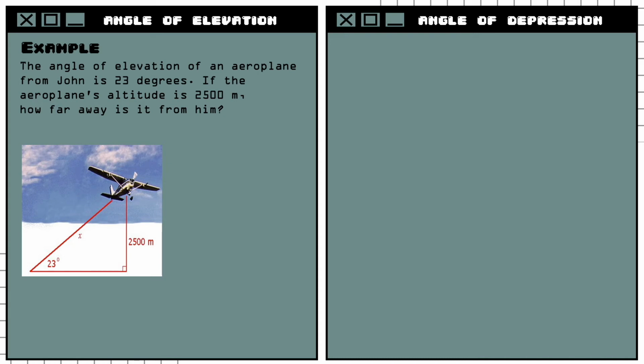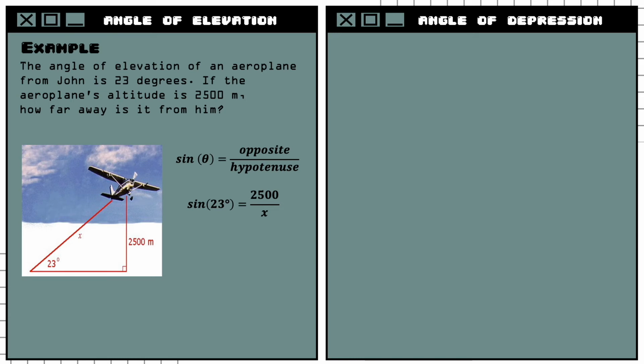Let's first illustrate the problem. Let the distance between the plane and John be x. From the illustration, we find that the opposite side is 2,500 meters and the hypotenuse is x. We can solve x by using the sine ratio. Sine of 23 degrees equals 2,500 divided by x.